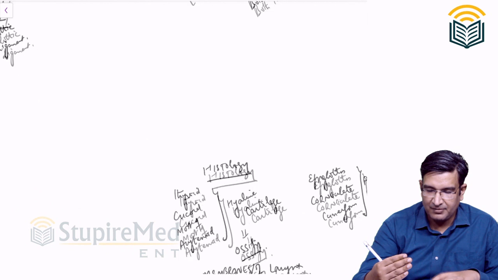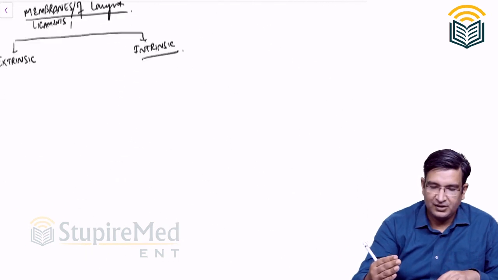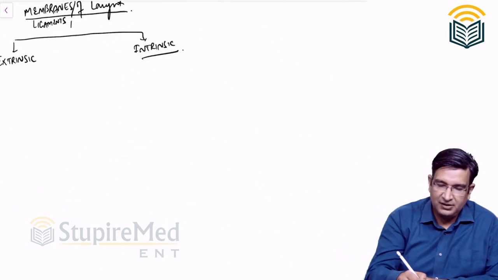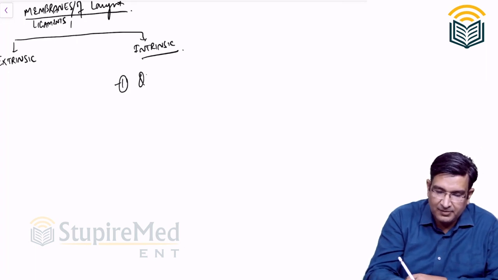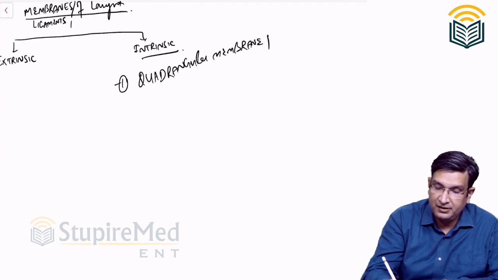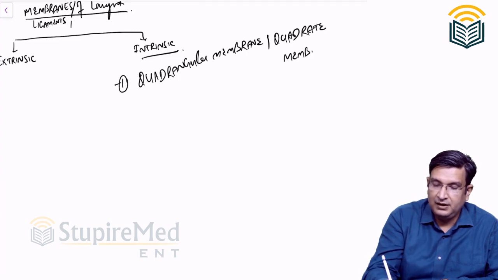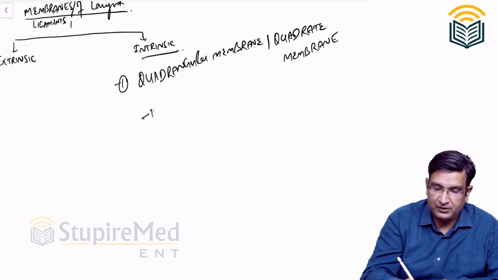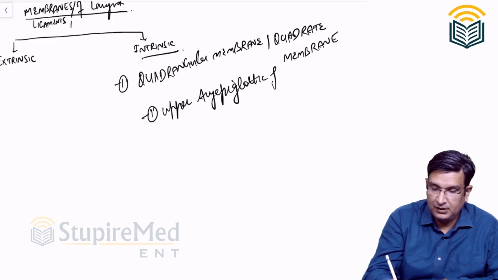To understand the intrinsic membranes, we'll make a diagram. Intrinsic membranes are 3 in number. The first one is the quadrangular membrane, also called the quadrate membrane. This membrane has two parts. One is upper, the aryepiglottic fold, and the second is lower, the vestibular fold.